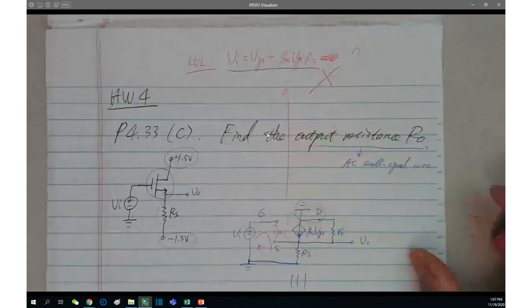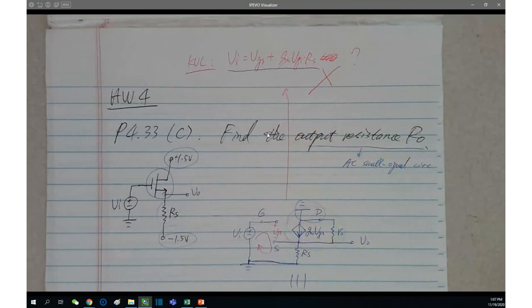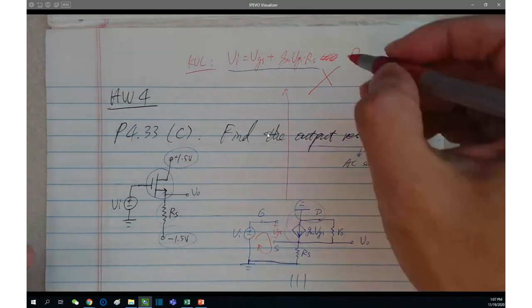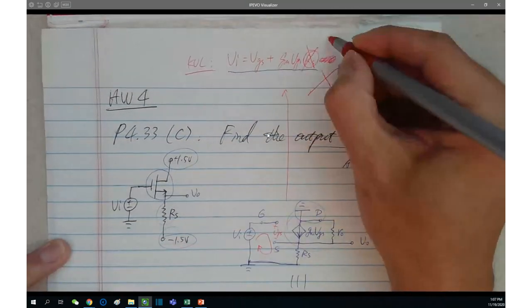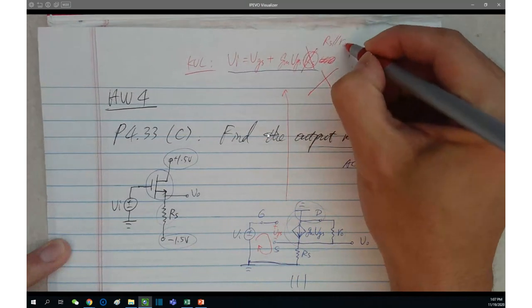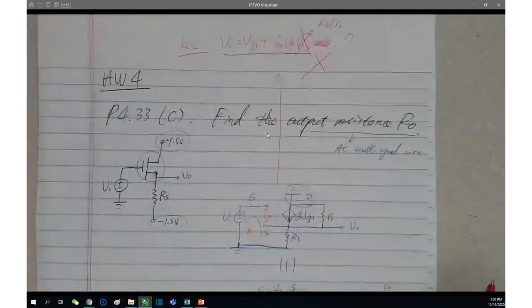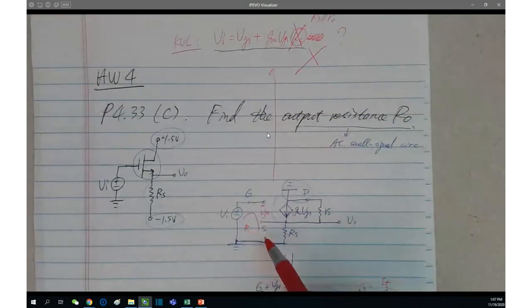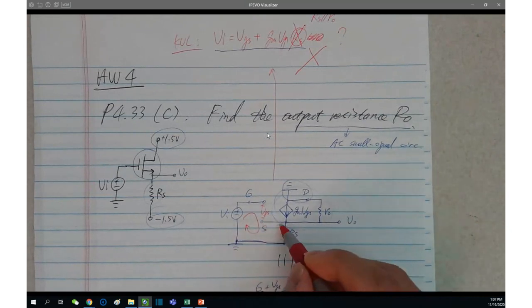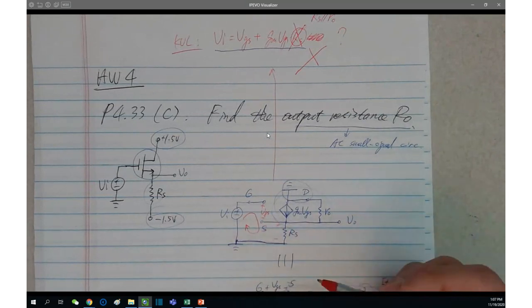Where's the mistake? Don't you need RS and RO in parallel? Oh, very good. Why is that, Daniel? Because they're connected to the source on one end and ground at the other. In other words, look at this KVL loop. You have Vi, VGS, no problem. However, you need the voltage across RS. What's the current flowing through RS?